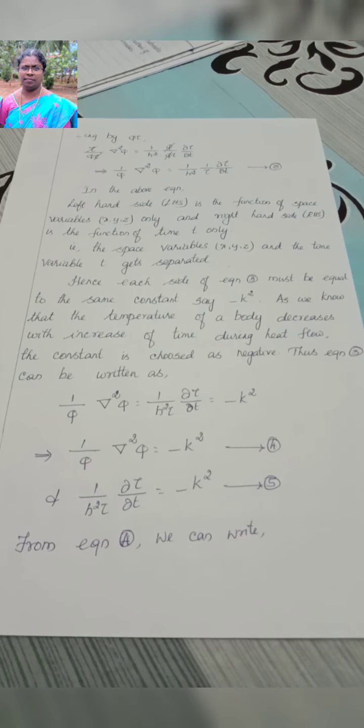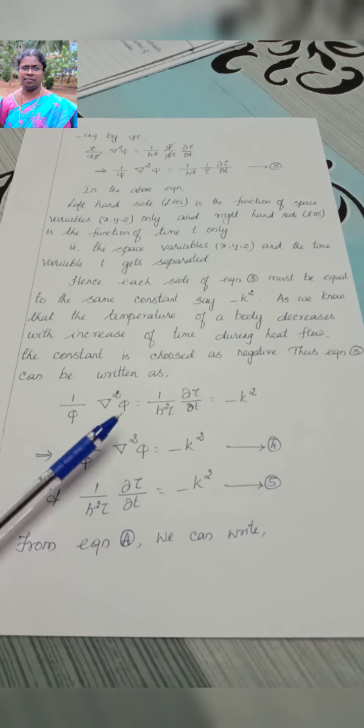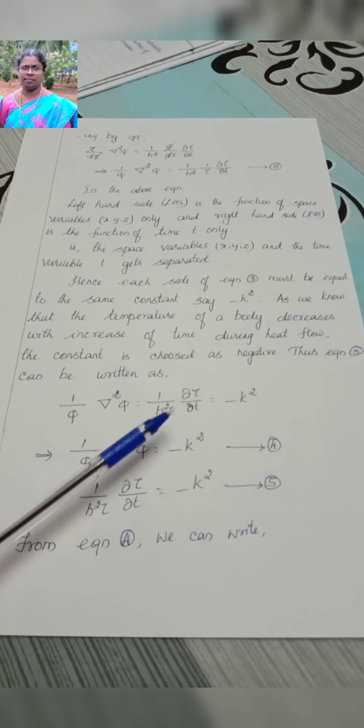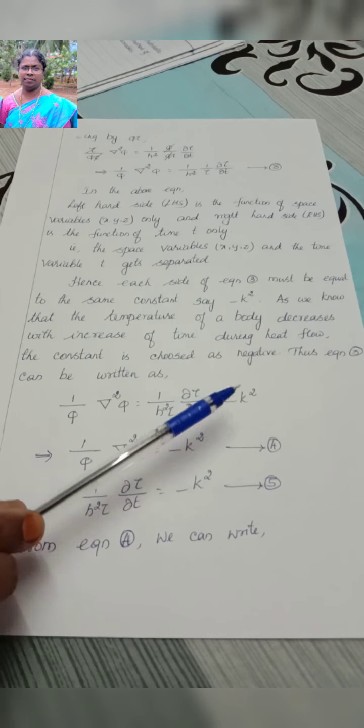As we know that the temperature of a body decreases with the increase of time during heat flow, the constant is chosen as negative. Thus, equation 3 can be written as 1/phi into del square phi is equal to 1/(h² tau) into ∂tau/∂t, that is equal to minus k square.